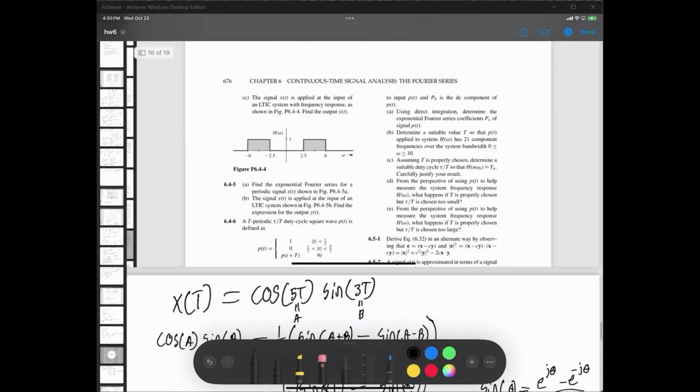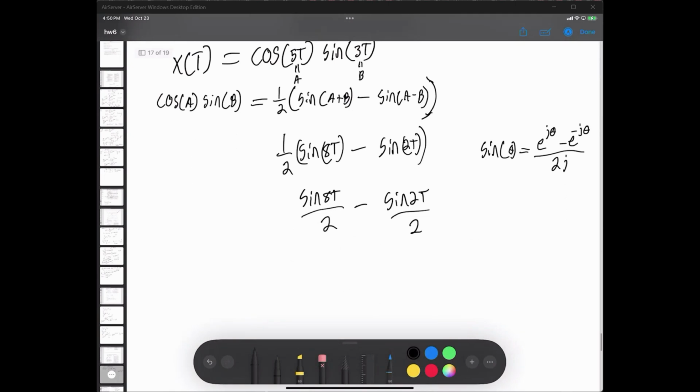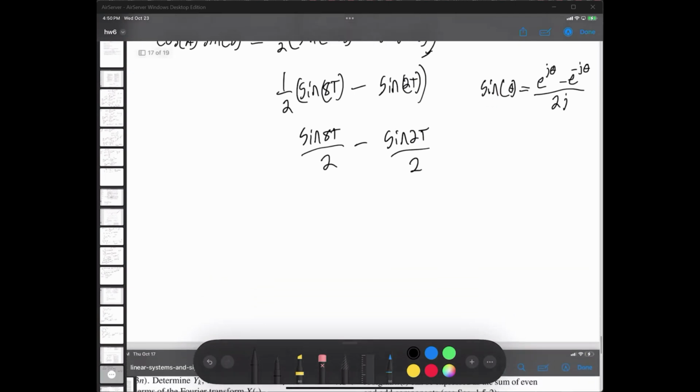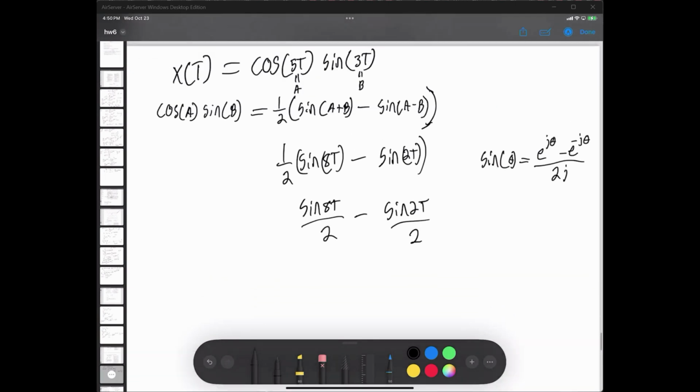Alright, so where do we go from here? We need to convert this into its exponential form since we're doing the exponential Fourier series.